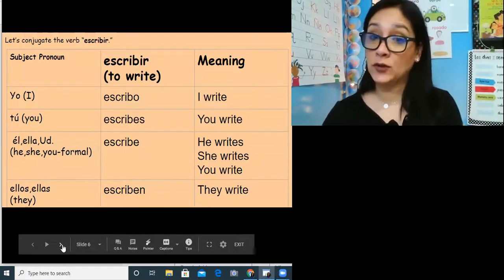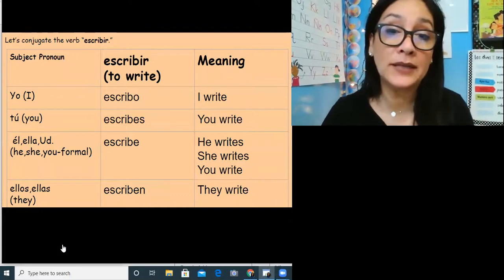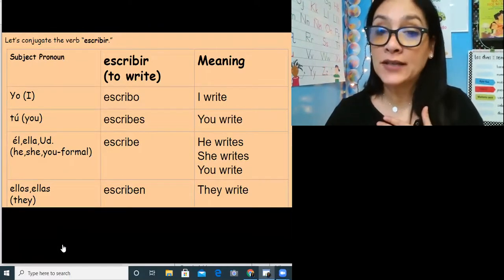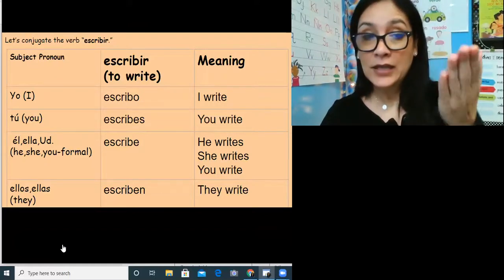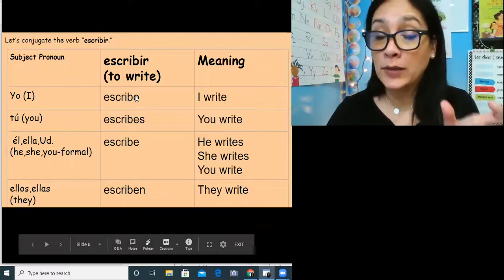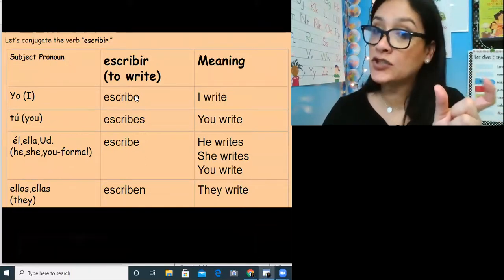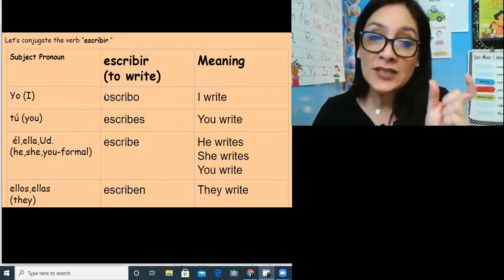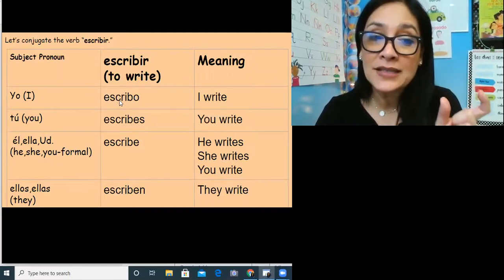Let's conjugate the verb escribir. Escribir means to write. I write, yo escribo. Notice that we keep the first part of the verb, and I talked about this before when we conjugated AR verbs. So you see in escribir, we kept ESCRIB.